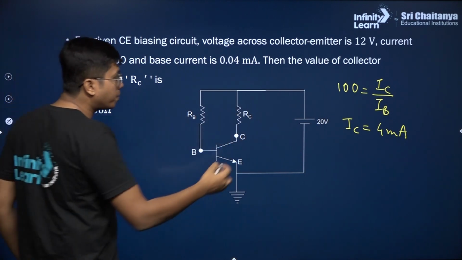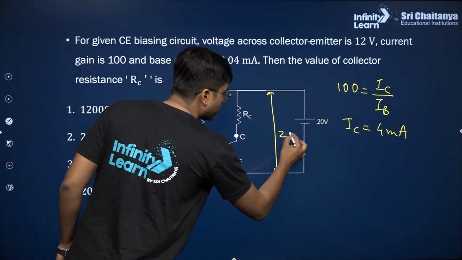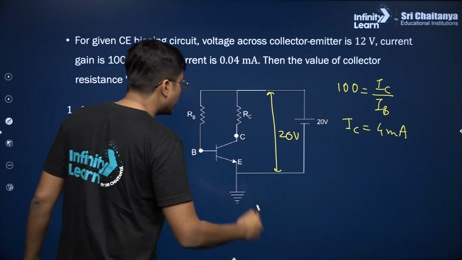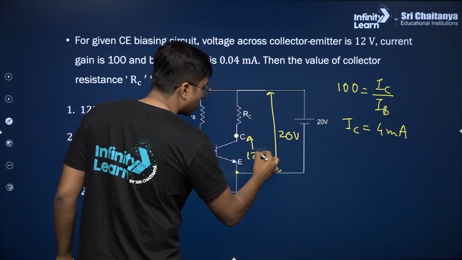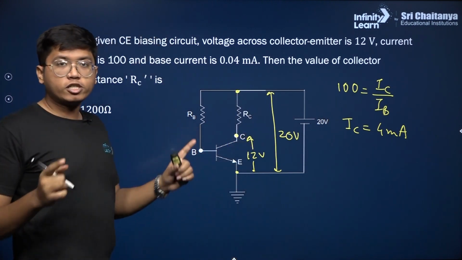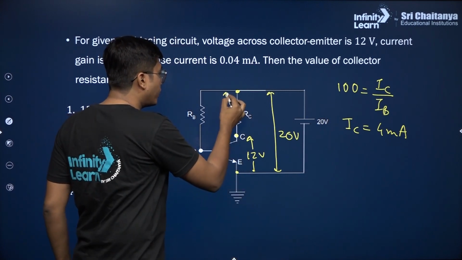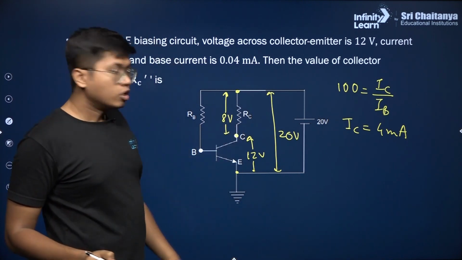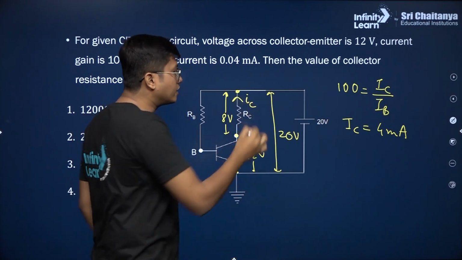Now see, we know that the potential difference across this entire part is 20 volts. And we have been given the collector emitter voltage, that is 12 volts, which means this part between this to this is 12 volts. Which means between this point and this point, the potential difference is 20 volts minus 12 volts, that is 8 volts. We know the current flowing through this is the IC that we just got.